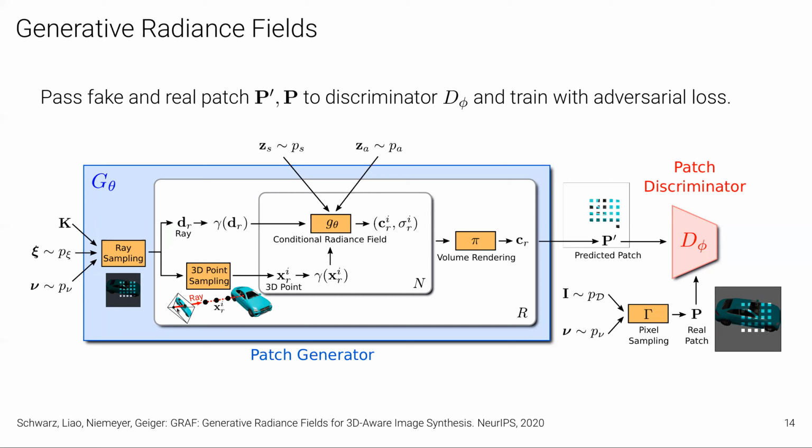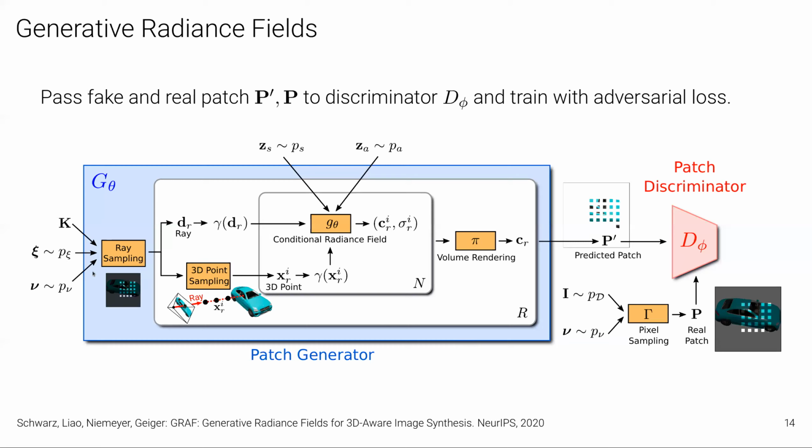At training time, we just sample this, but at test time, we have control over this. We can manipulate this. You can say, for instance, represented with some numbers, that I want a 30-degree rotation, yaw, pitch, whatever.